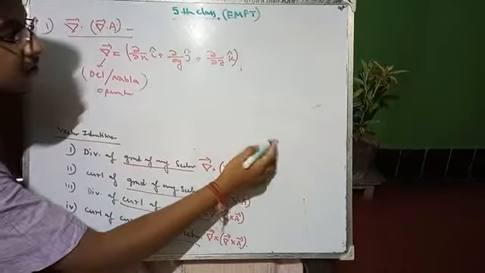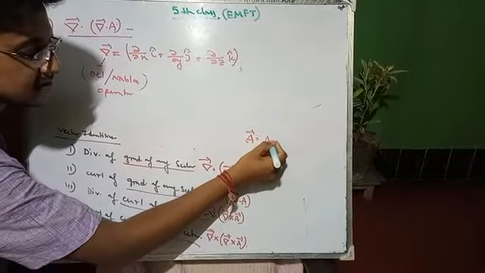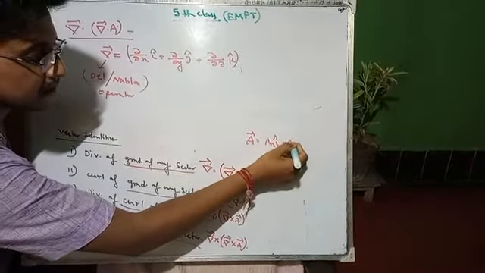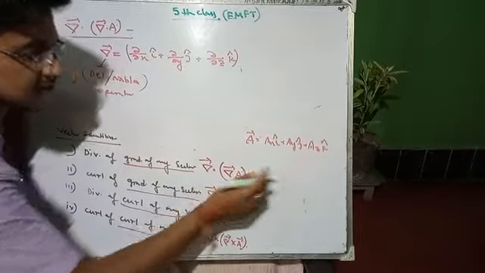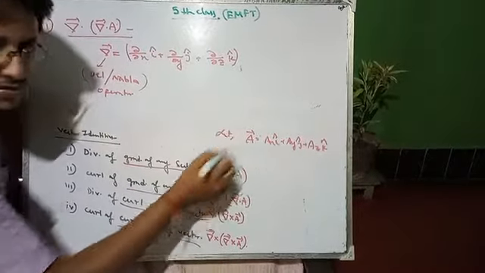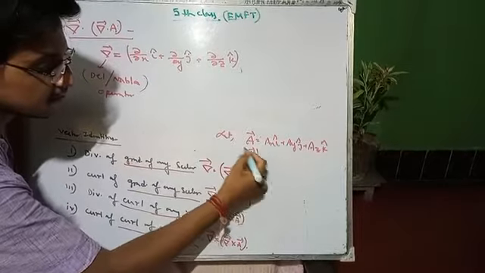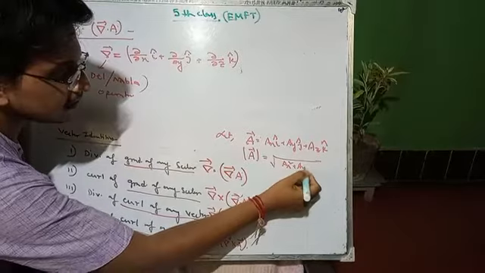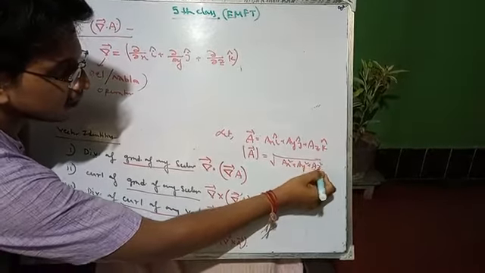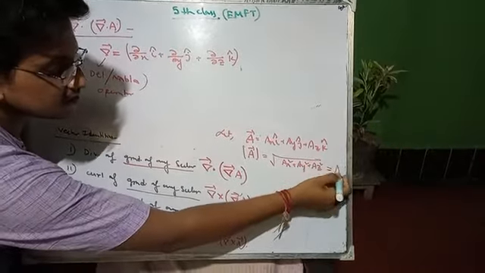So actually if we consider a vector, it can be treated as ax I cap plus ay j cap and az k cap. Suppose we are taking this a vector equals to this one. Then what is the modulus of a? It is nothing but root over of ax square plus ay square plus az square. This magnitude can be treated as just only a.